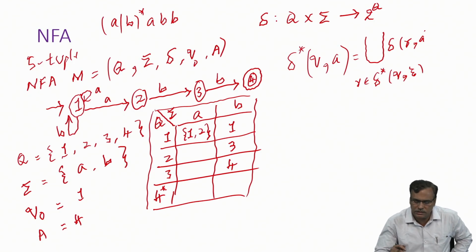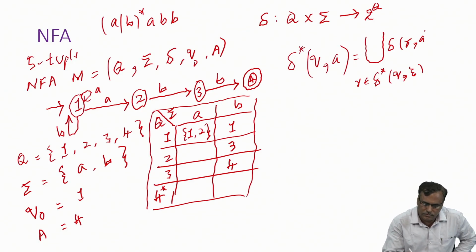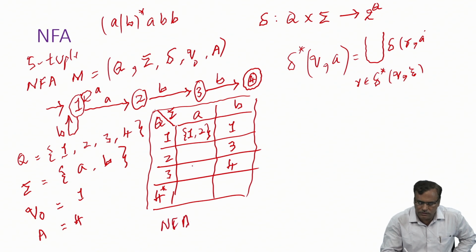So let me take this one itself instead of rewriting it once again. Whenever you are making a conversion, this is a transition table of what? That is NFA, right? That is delta. This is the NFA table.